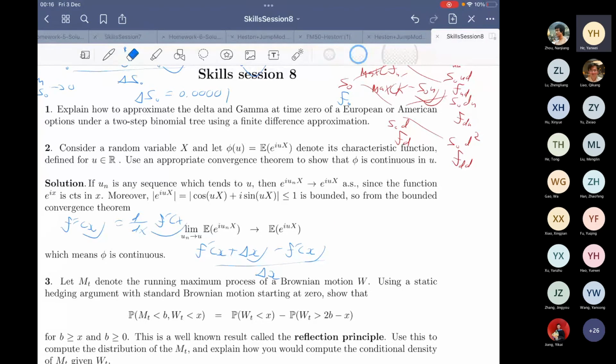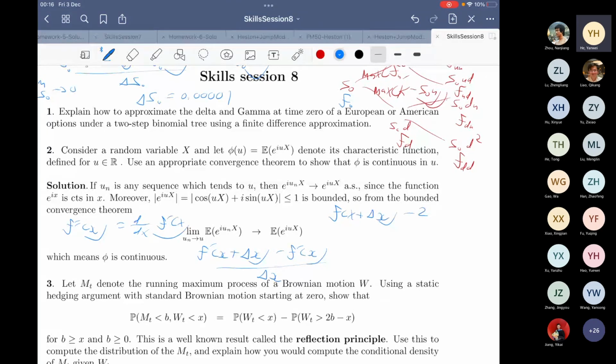The final formula, which probably most of you know anyway, is that the better estimate of the second derivative is to evaluate f of x plus delta x minus 2 f of x plus f of x minus delta x, divided by delta x squared.